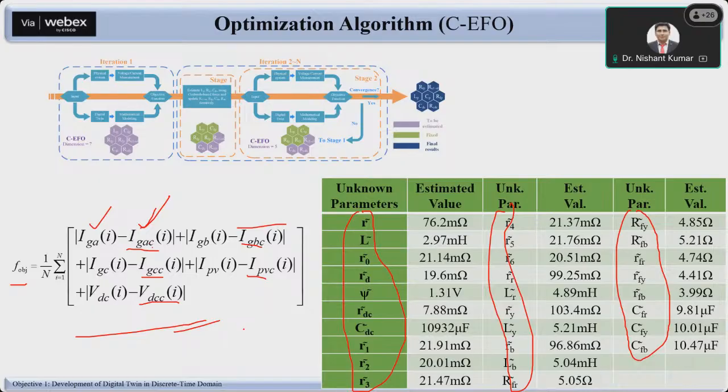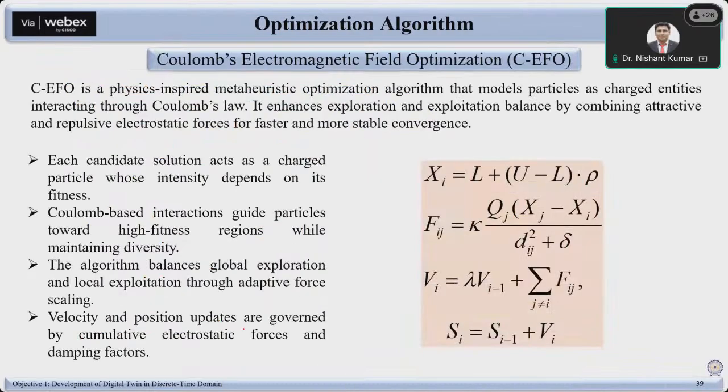Like this way. And then you will start using any meta-heuristic technique you can utilize here to get the minimum value of that. Okay. But again, you have an option on the meta-heuristic technique side. You can go according to your choice. For example, here we have used the Coulomb's electromagnetic field optimization.